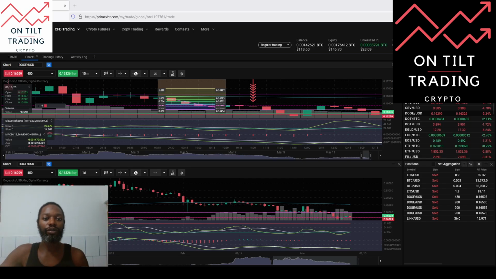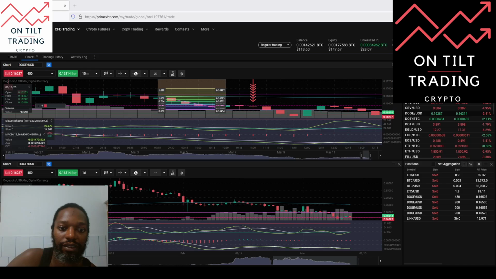This indecision doji, we can also see sellers have momentum. Down here we can see on the slow stochastic that we're in an oversold condition, and we have the MACD line below the average line.